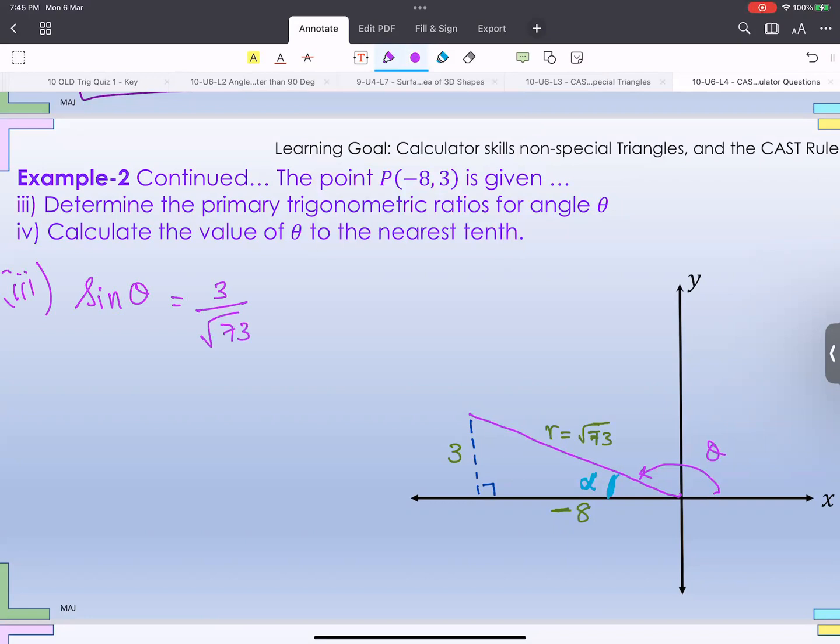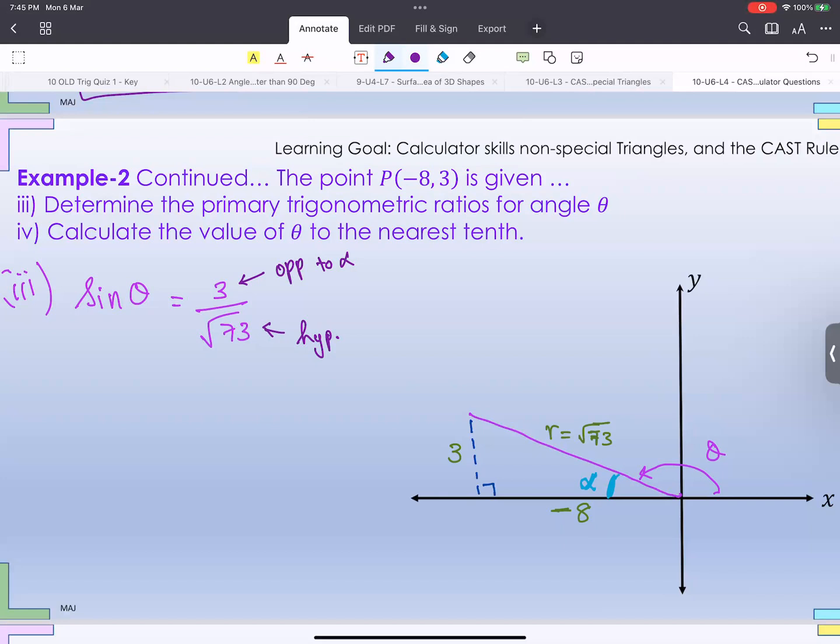By now you should kind of know that this is the opposite side, and this is the hypotenuse. What about cos theta? And sine theta is positive. See how 3 is positive and root 73 is positive, and by the CAST rule, in the second quadrant it should be positive.